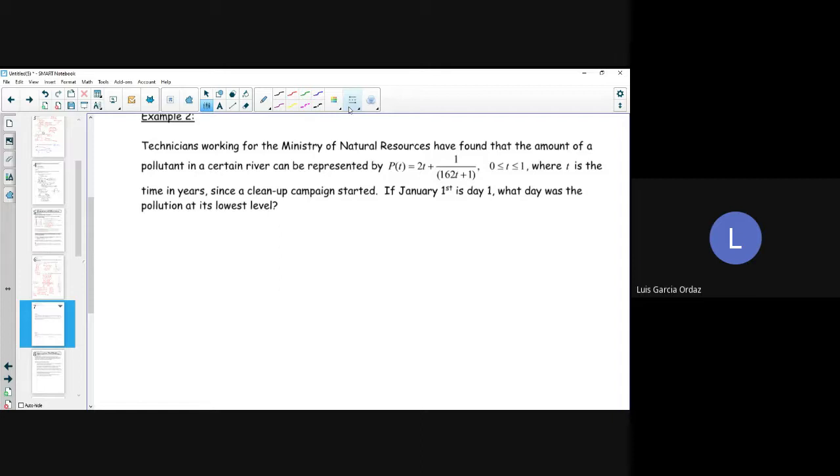So let me rearrange P of T so that I'm not working with a rational. P of T is equal to 2T plus 162T plus 1 to the power of negative 1.